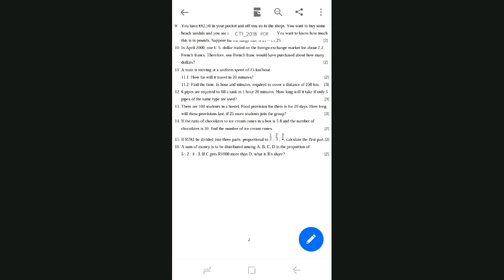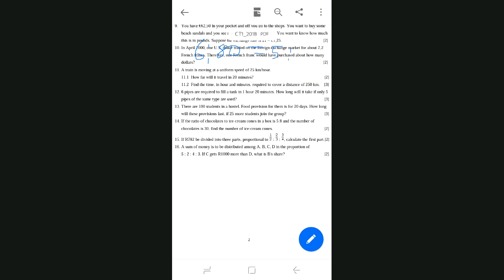6 pipes are required to fill a tank in 1 hour 20 minutes. Oh, sorry, I think the first one we did was correct. That is, when we have 6 pipes, we used 80 minutes. So now when we have 5 pipes, how many minutes are we going to use?